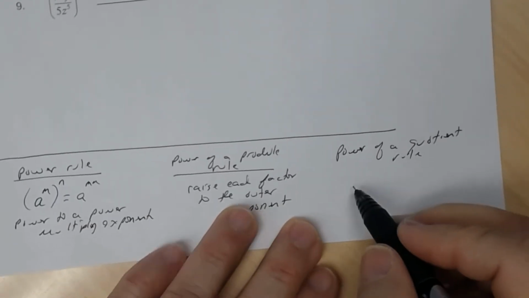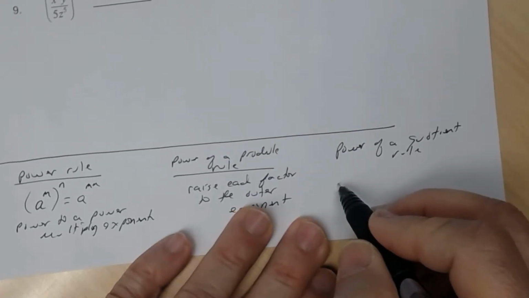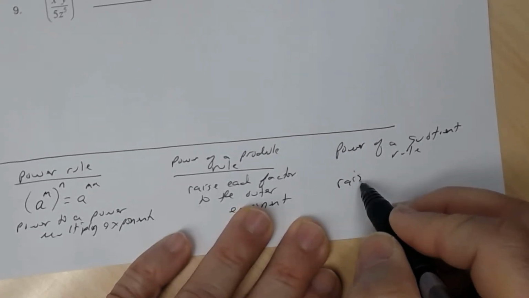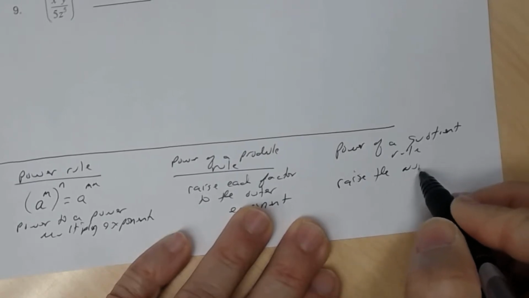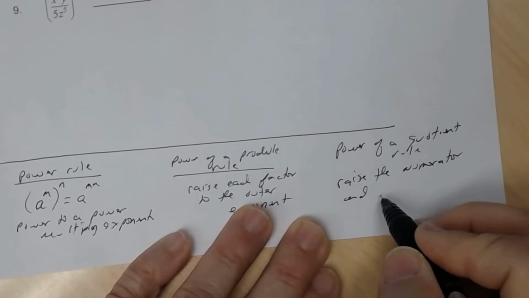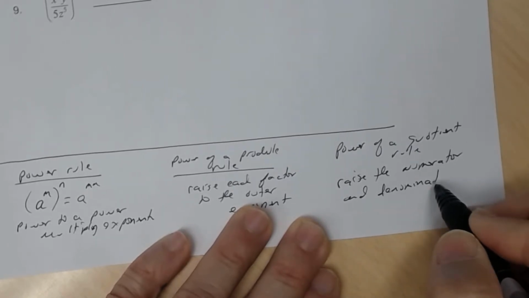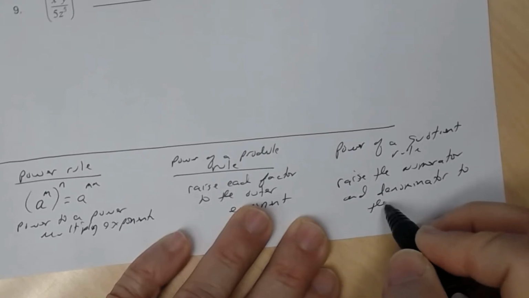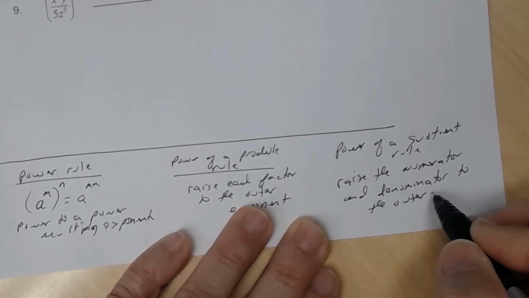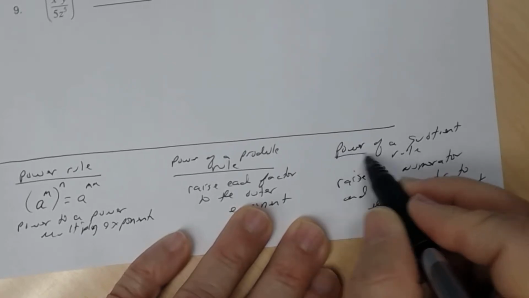So basically, you're going to take the numerator and the denominator and raise it to the outer exponent. All right. Okay, so here's how this is going to look.